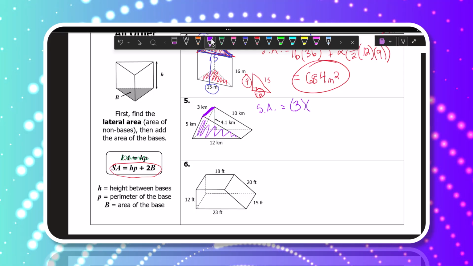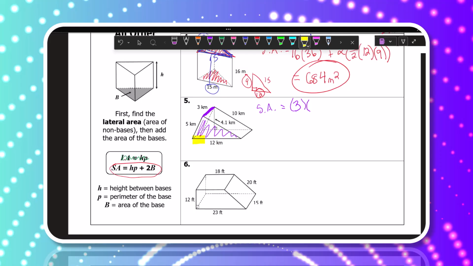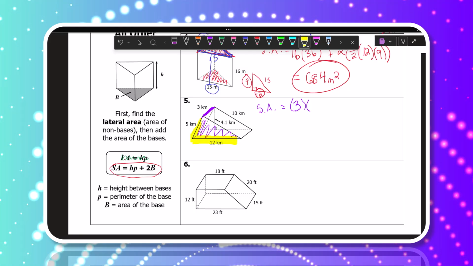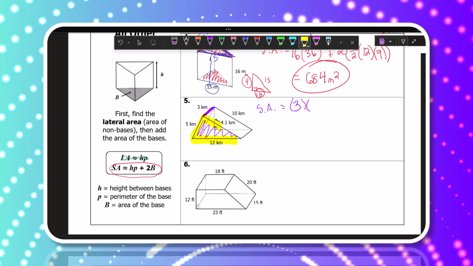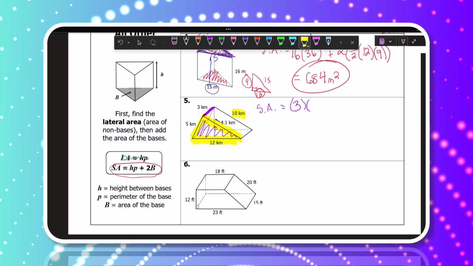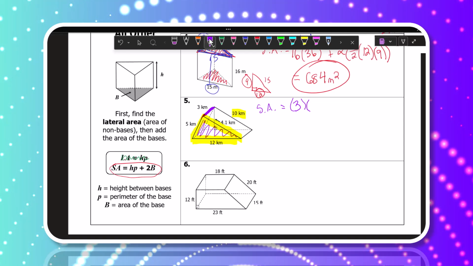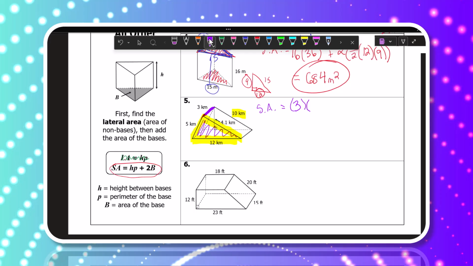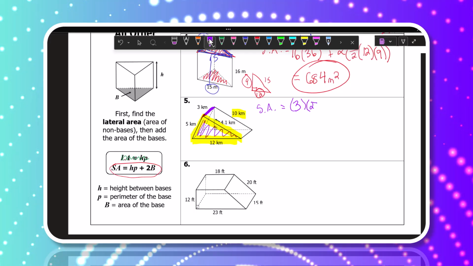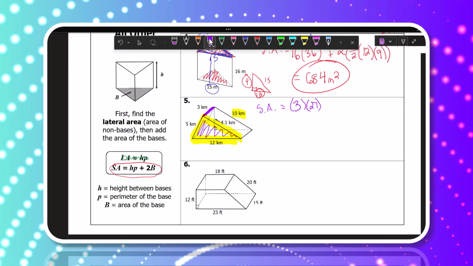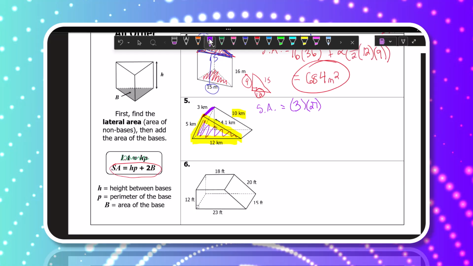So we got to add up the sides again. So we got 12, 5, and then this is 10 because we got a rectangle here, so it's got to be the same. 10 plus 12 plus 5 is 27. And that's our perimeter. That's our P.